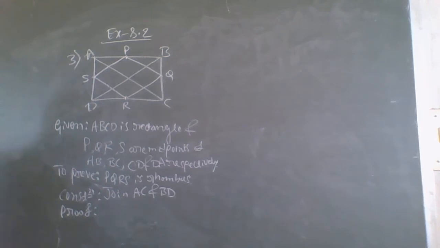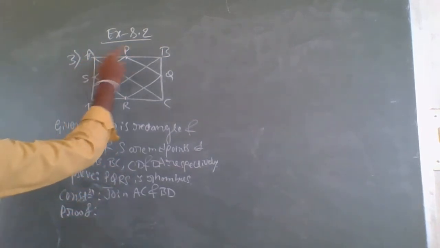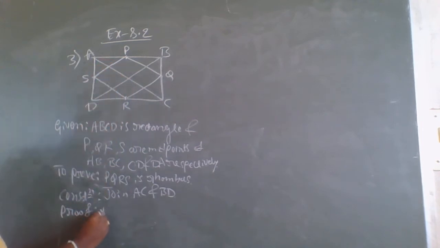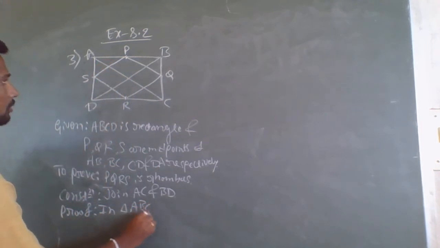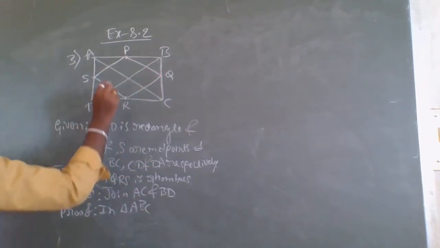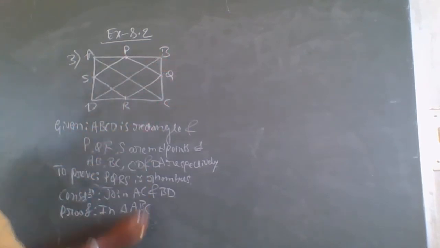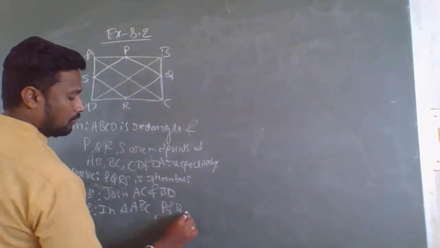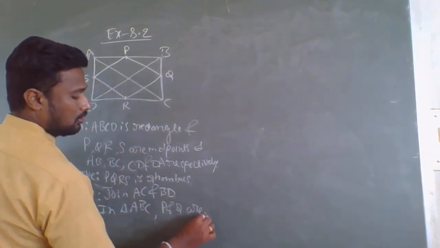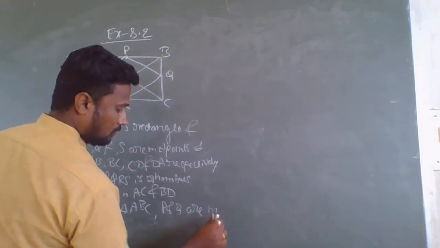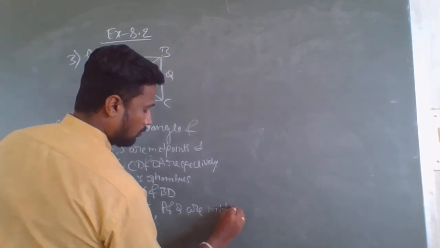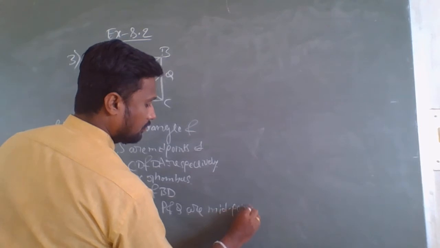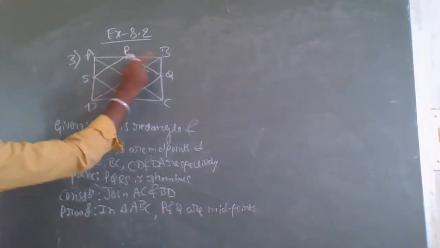I will consider first triangle ABC. In triangle ABC, P and Q are midpoints of AB and BC.